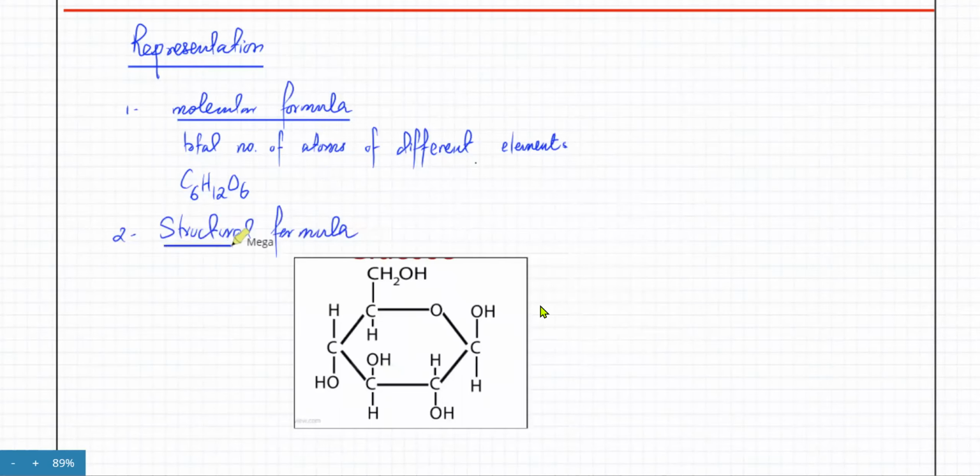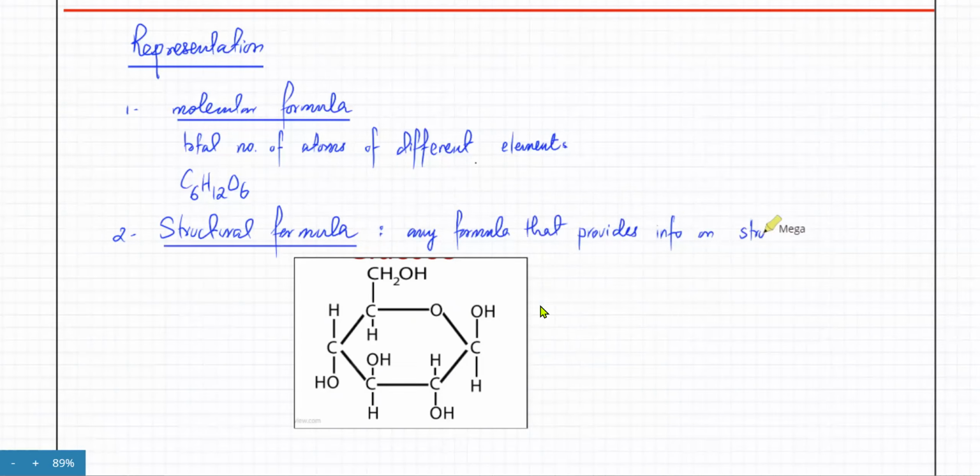The structural formula is basically any formula that provides you information about the structure of the molecule. So there are many different types of structural formulas that provide information on structure and arrangement.